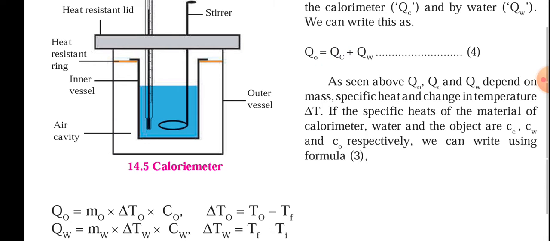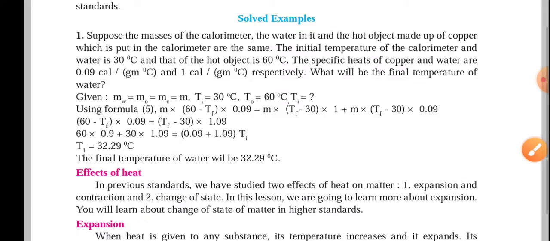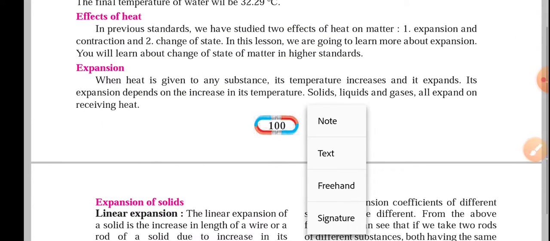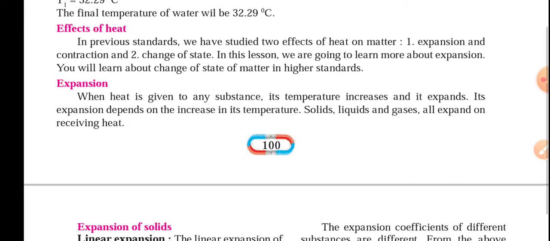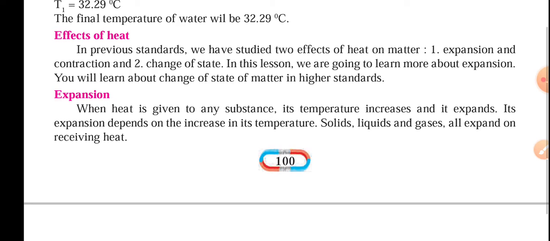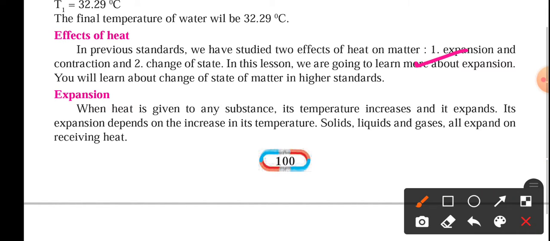Now further what we have to study is the expansion, or the effects of the heat. What exactly are the effects we have? The most important effect of the heat is the expansion. Whenever there is an increase in the temperature, all substances expand.